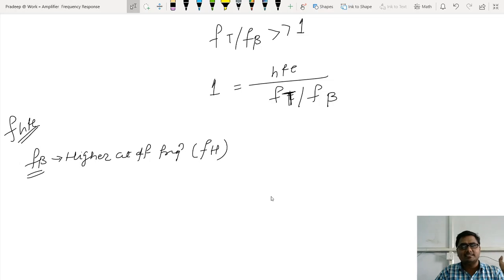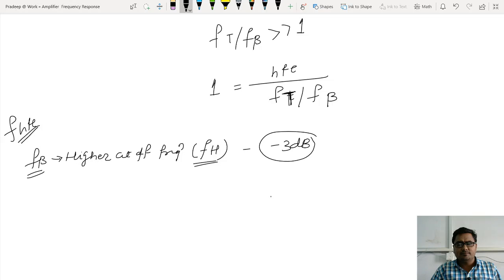But simply it is the higher cutoff frequency, the frequency at which gain drops to minus 3 dB. That is the significance of FT, the frequency at which short circuit current gain becomes 1.